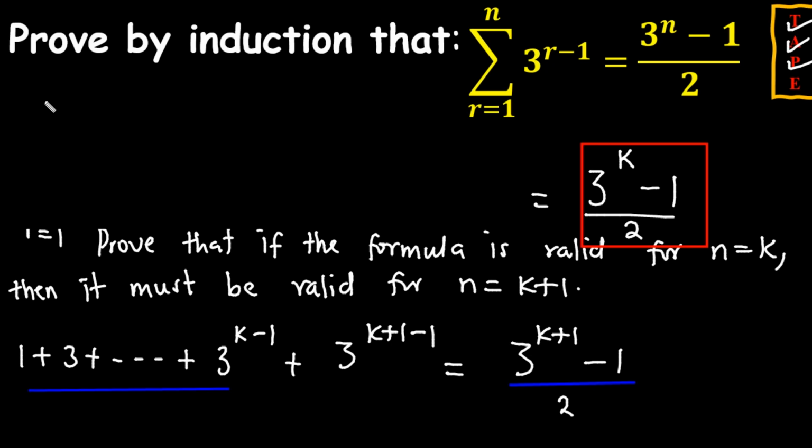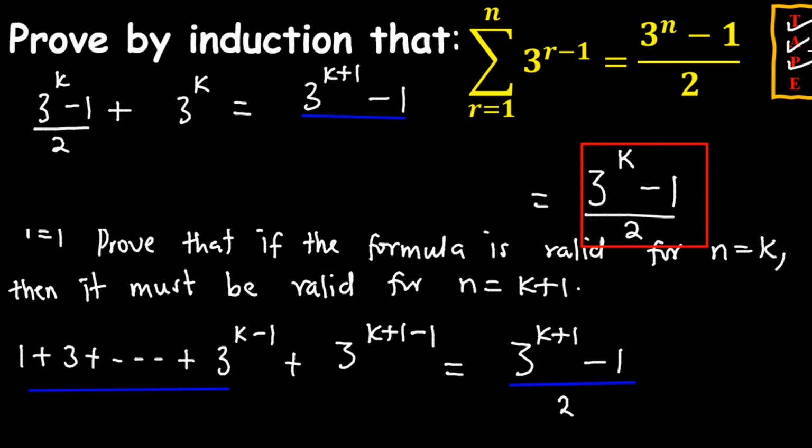So this is 3 to the power k minus 1, everything divided by 2, then plus 3 to the power k plus 1 minus 1, this gives us 3 to the power k, everything is equal to 3 to the power k plus 1 minus 1, everything divided by 2.